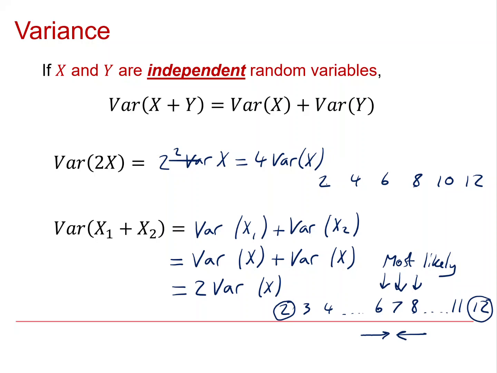Whereas in the 2X case, these are equally likely to the ones close to the mean, which means that the data is a lot more spread out, and that is why the variance is so much bigger. In fact, twice as big.